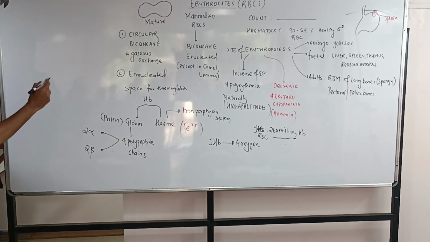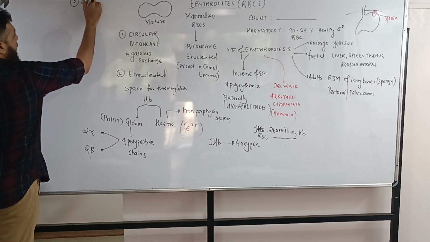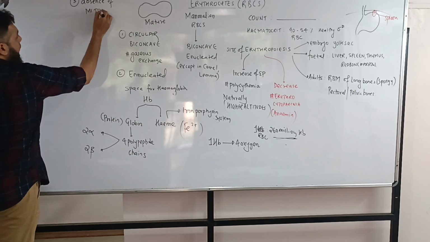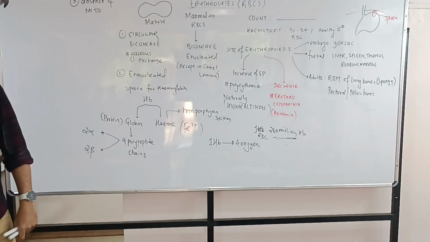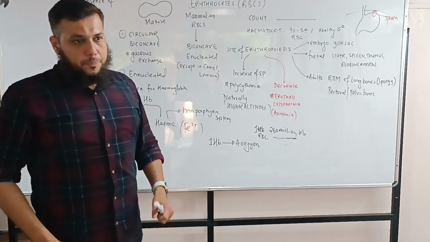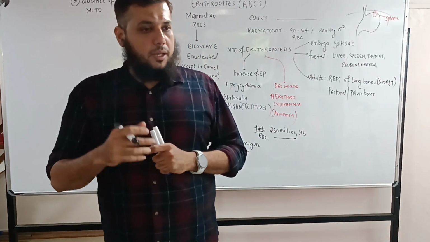Some other special adaptations are absence of mitochondria. This is mitochondria? नहीं है, absent. क्या advantage है mitochondria नहीं है? It will not use the own oxygen which it is carrying.